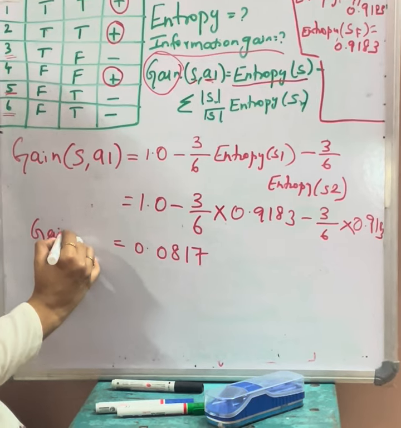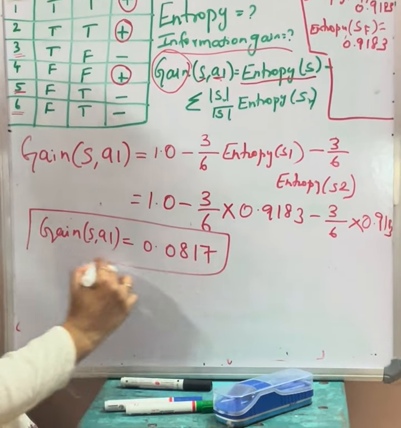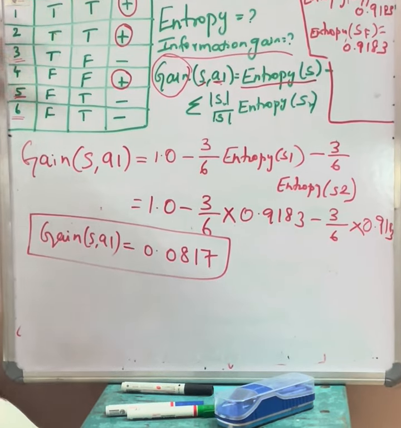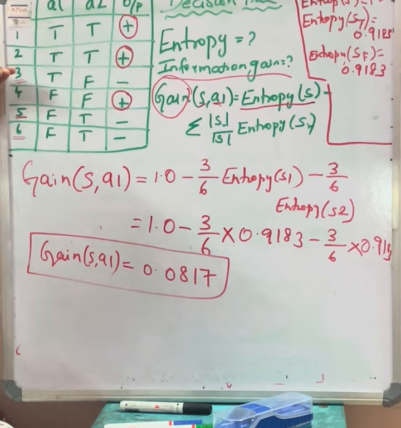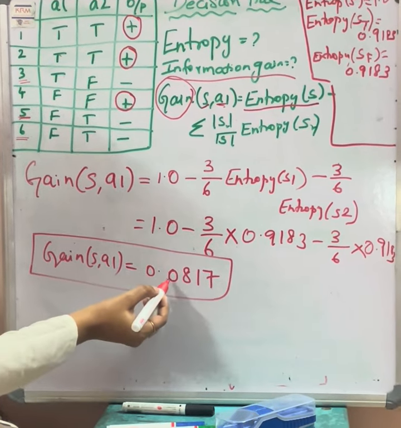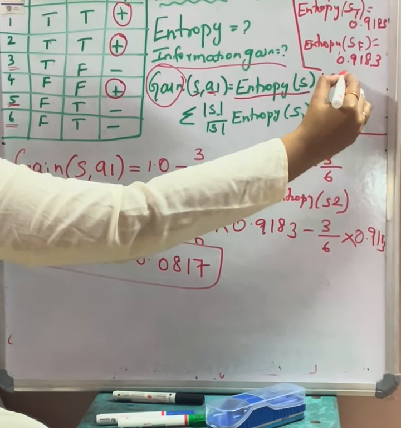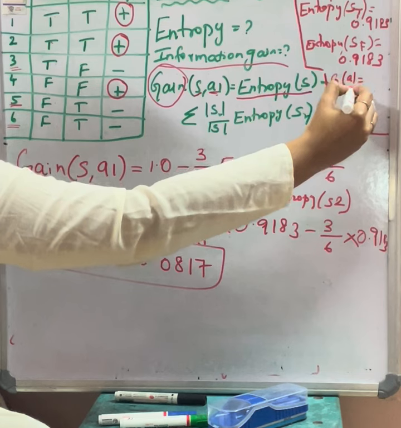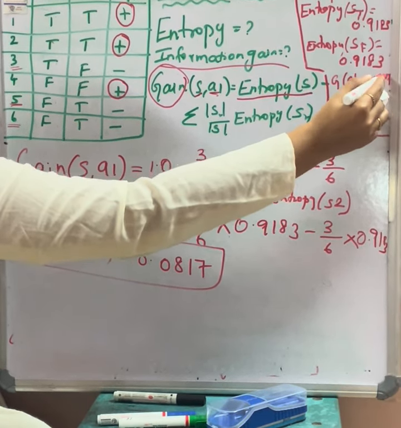So this is nothing but the gain of S comma A1. So for the A1 attribute, by segregating the true and false values, which are positively and negatively contributing to the outcome, the information gain is 0.0817. So we write the gain of A1 is 0.0817.